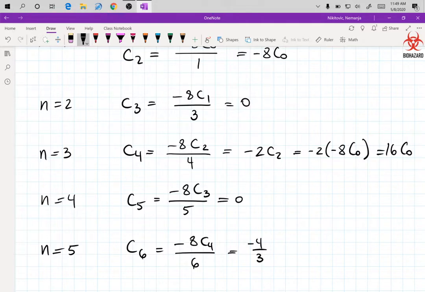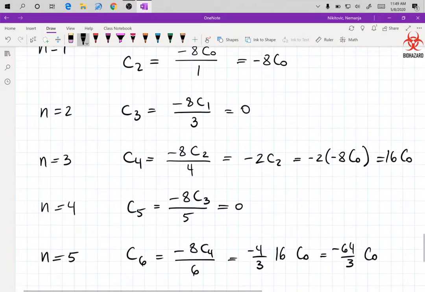And then you have a 16 c0 here. And you know what? Negative 64 over 3. I somewhat smell that 4 to the n something divided by whatever times c0 and so on.